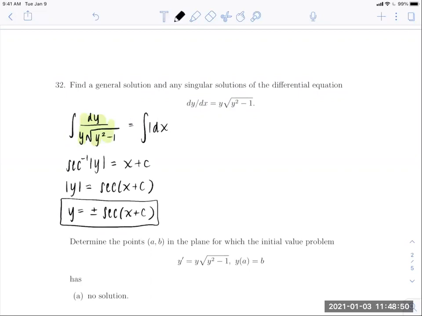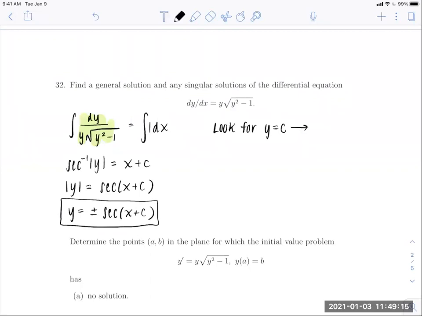Now, I also want to find any singular solutions. So to find your singular solutions, your rule of thumb is to find constant solutions that satisfy the DE. So we're looking for y equals a constant that satisfies the DE.